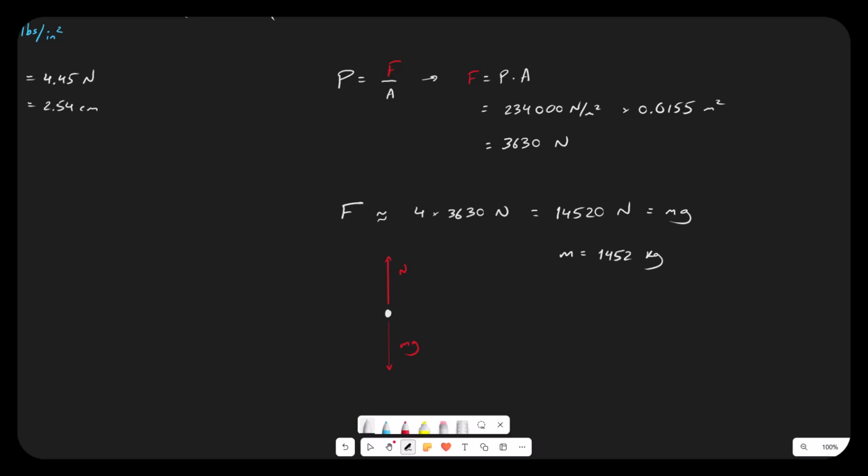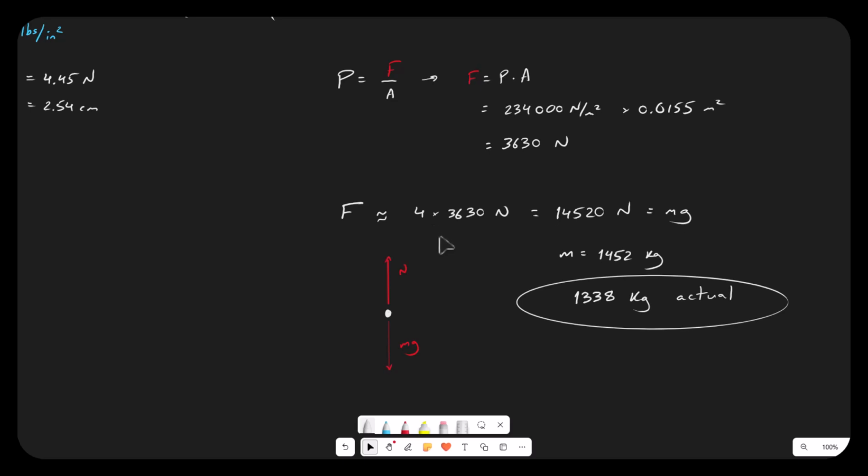I'm going to check what the mass is actually supposed to be, and we'll see how well we did. Looking up the mass of my car, I get 1,338 kilograms of curb weight. So really that 1452 is a pretty solid estimate. This was taking the one tire and multiplying by 4.